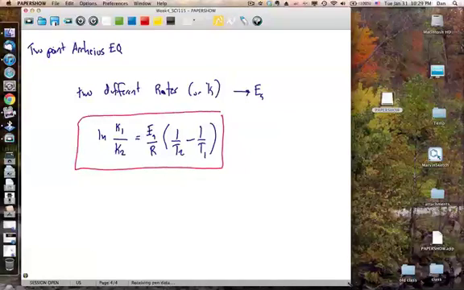It allows us to measure the rate at two different temperatures, T1 and T2, and calculate from those rates the activation energy for that particular system. It's very useful.